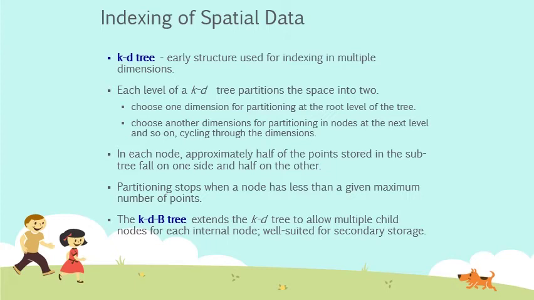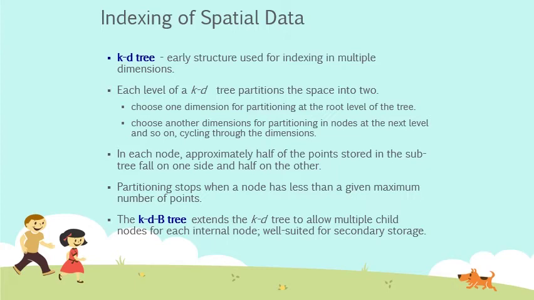In a balanced binary tree, the partition is chosen so that approximately one half of the points stored in the subtree fall in each partition. Similarly, each level of a B tree splits a one-dimensional interval into multiple parts. We can use this intuition to create tree structures for two-dimensional space as well as in higher dimensional spaces.